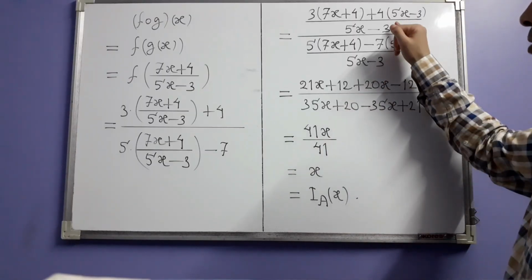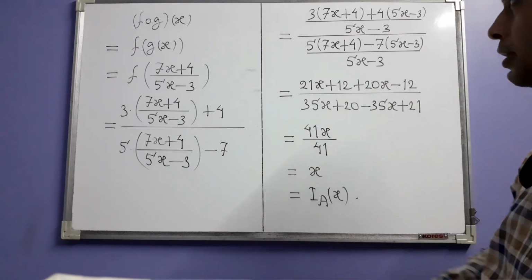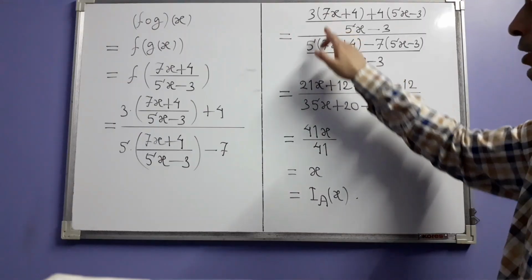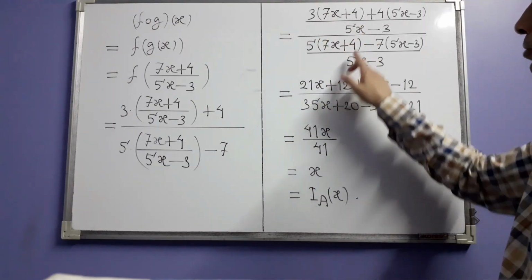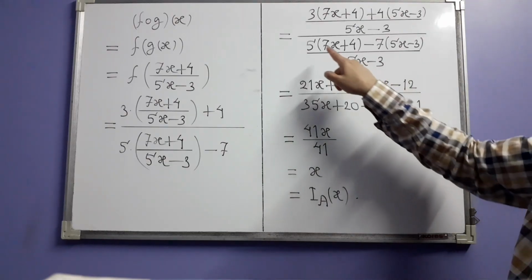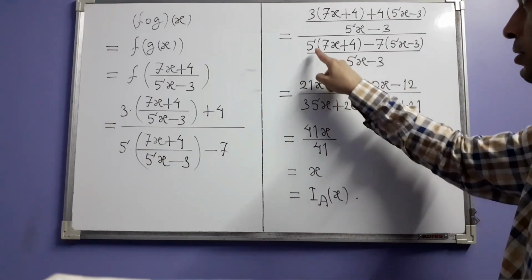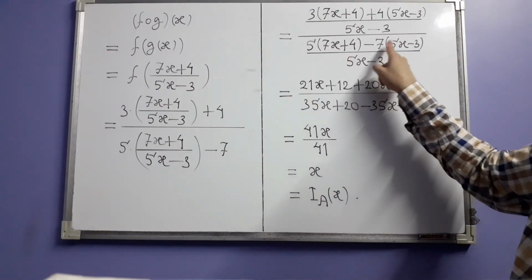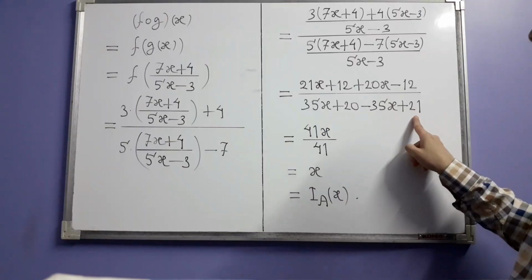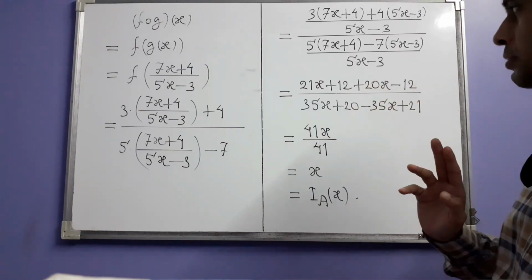So in the next step, obviously these two 5x minus 3's will cancel each other, and the numerator will be this: 3 times 7 is 21, 21x plus 12 plus 20x minus 12, and the denominator would be 5 times 7 is 35, 35x plus 20 minus 35x, and minus will give you plus 21. So you can see that here 12 and minus 12 cancel out.